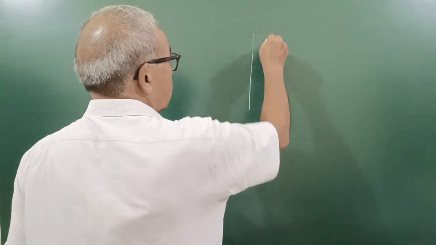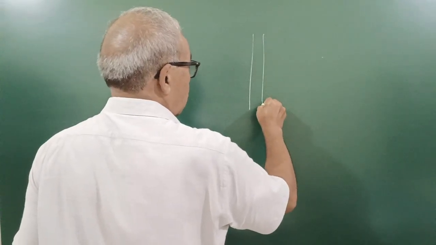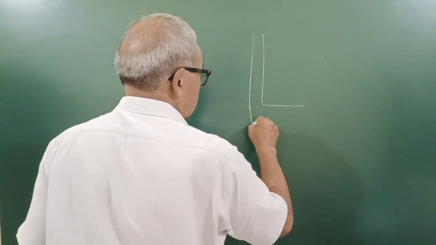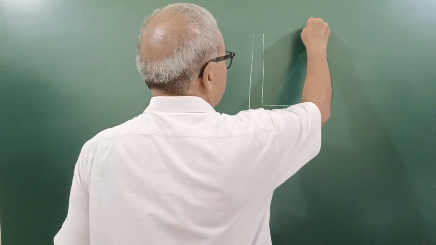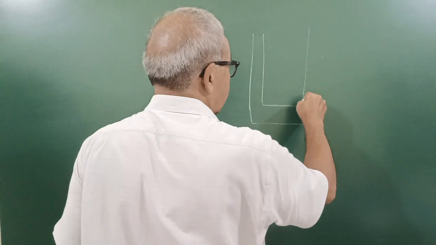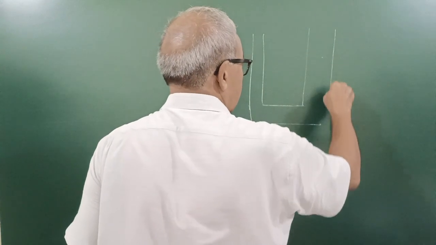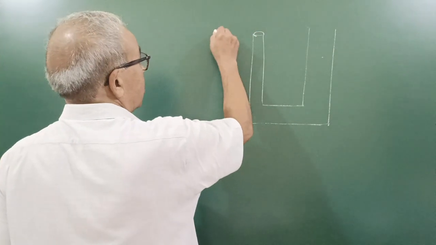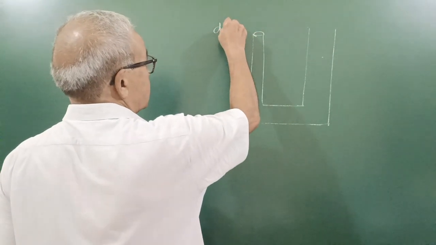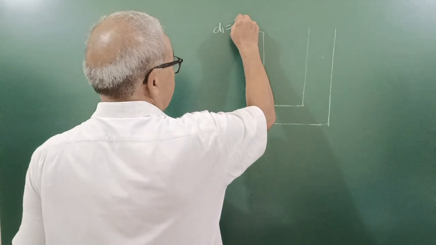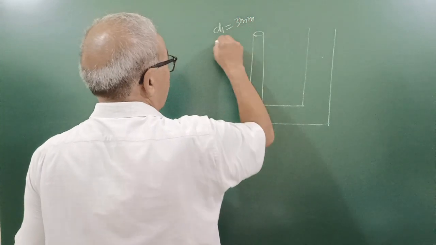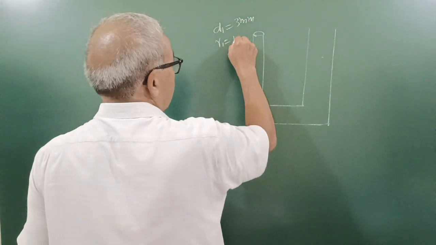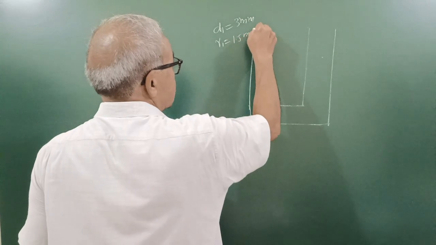These are the two narrow tubes, connected here together, having diameter D1 of 3 mm. So R1 is 1.5 mm.